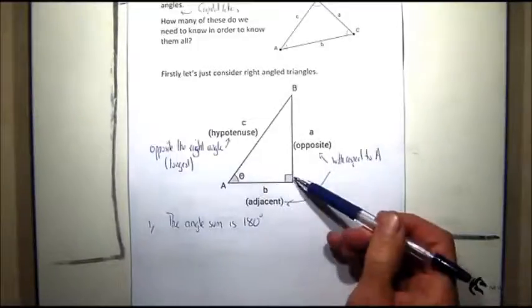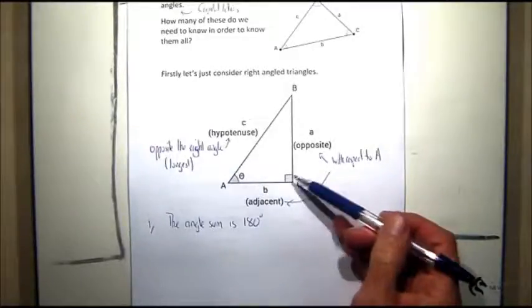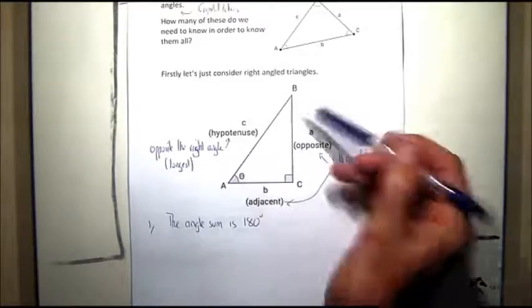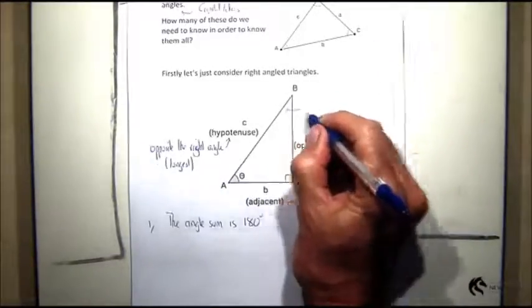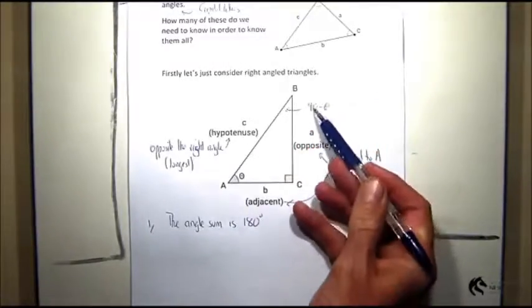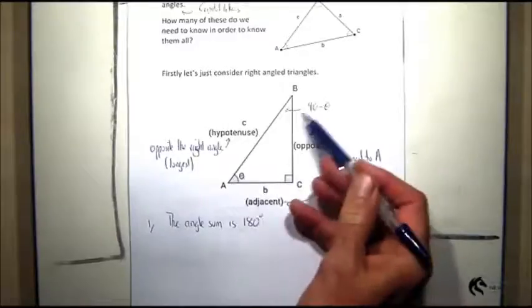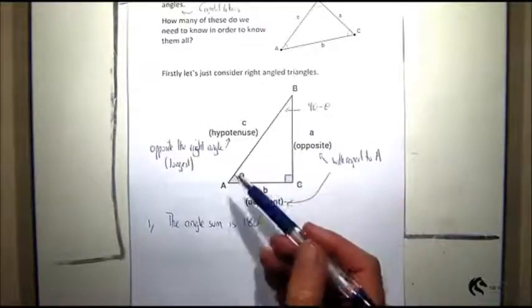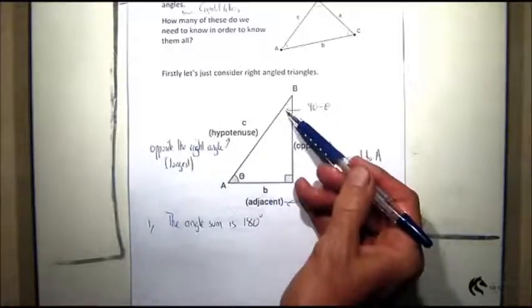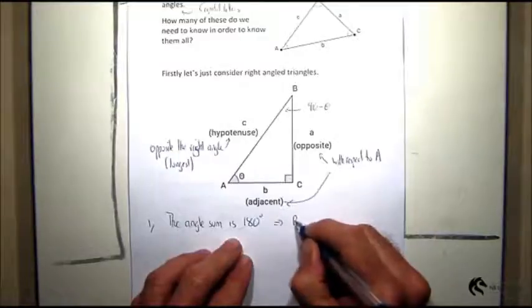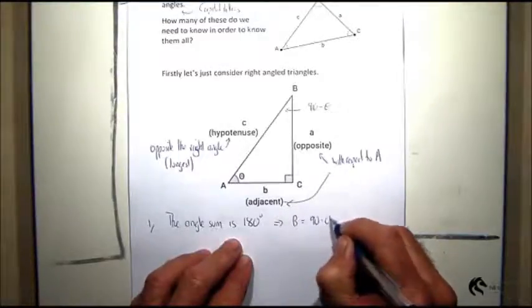Now, in here, I already know that I've got 90 degrees at C, I've got theta degrees at A, so this angle up here must be 90 minus theta, so that when I add them up, 90 minus theta plus theta gives me 90, 90 plus 90 gives me 180. So given that I know this angle is theta, I know angle B is 90 minus theta.